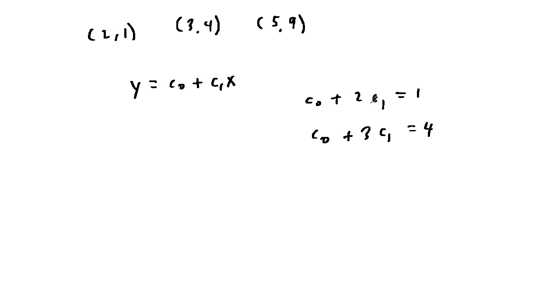Now, the way I'm getting this equation here is I'm plugging in the x value 2 and the y value here 1, and so I get this equation. I do the same for this point, and so I get this equation, and for this point I get this equation. So now I have 3 equations.